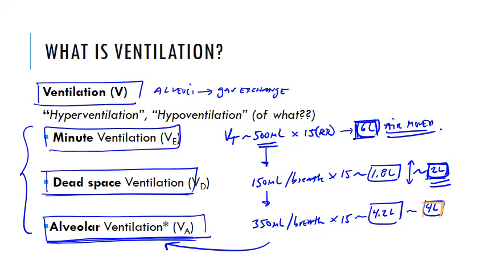It's this 4-liter number that we are specifically going to be referencing when we talk about ventilation, or alveolar ventilation. And this will be alveolar ventilation in relationship to total perfusion.